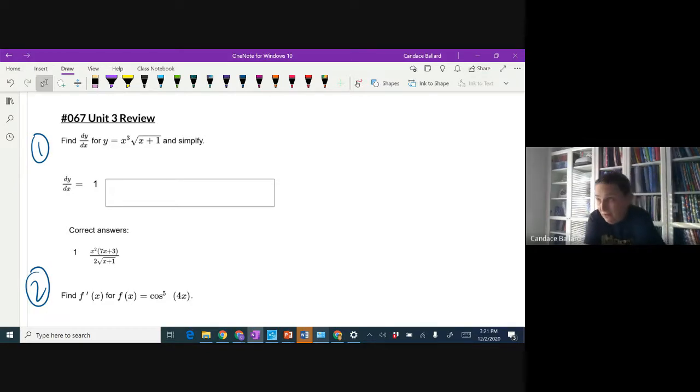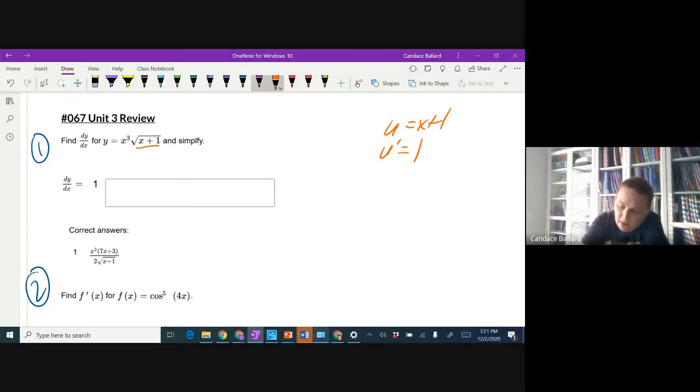Technically, we have a chain, right? Technically. But that chain is only going to produce the 1, so there's really no point in me doing the chain rule piece. Really, this one didn't need to be in this unit because it's not producing a chain rule. I should have left this one in unit 2. All right, but we're going to try it anyway.